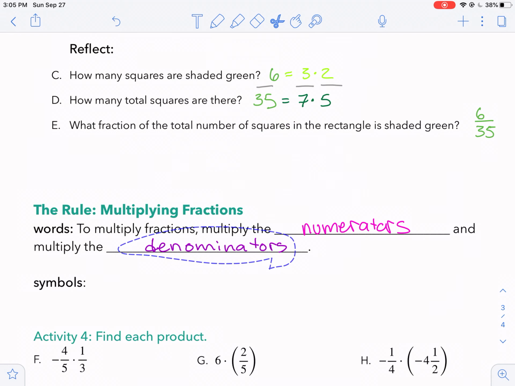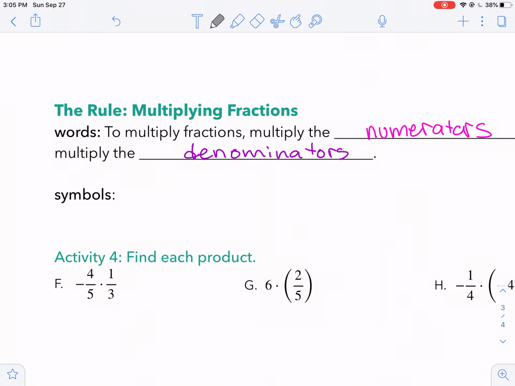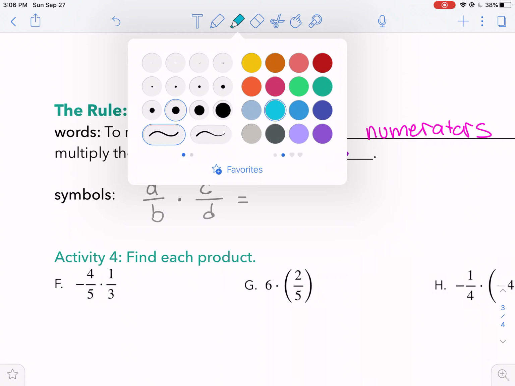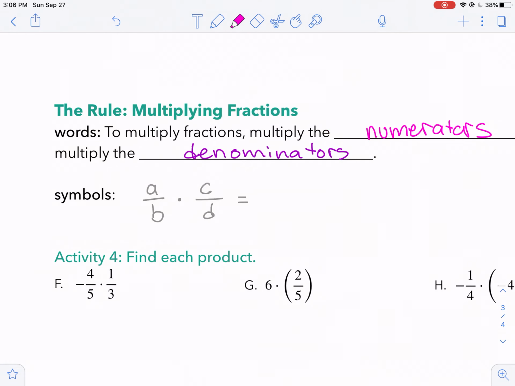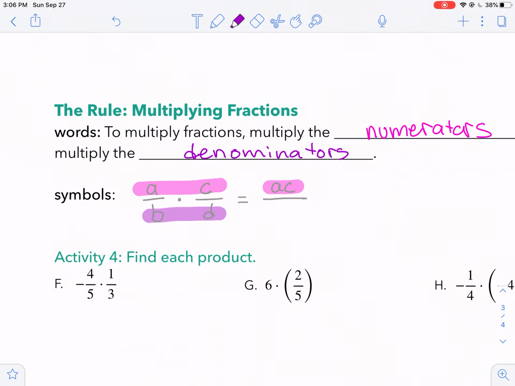So what that looks like is if we have 2 fractions, a over b times c over d, and we're multiplying them together, we're going to multiply across, and that's how you multiply fractions. A times c on top, and b times d on bottom.